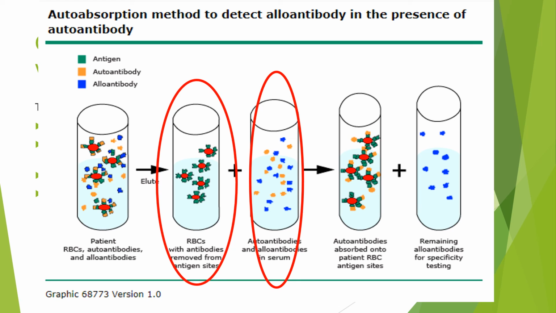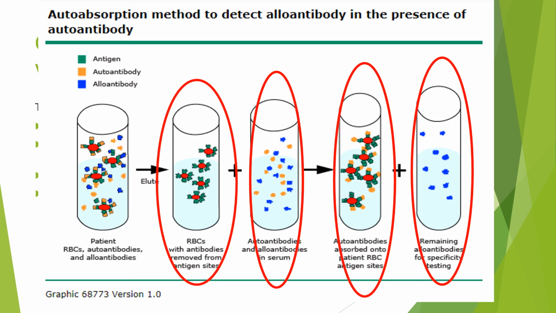So the next step is to mix the patient red cell with the mixture of allo and autoantibodies, and this technique is known as autoadsorption. So the remaining antibodies in the serum are the alloantibodies. The lab staff needs to identify whether the antibodies that attach to patient red cell are similar to alloantibody that are present in the plasma.